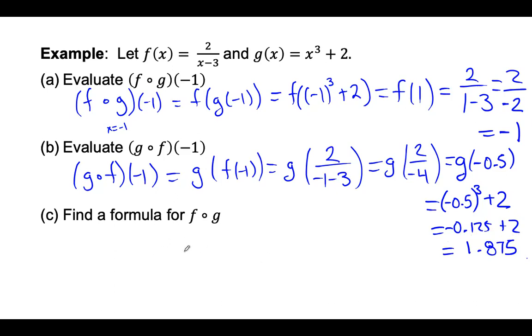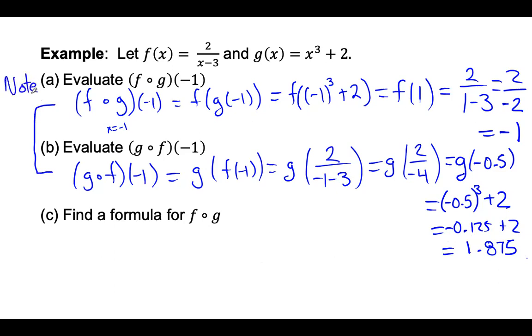So, okay, let's find a formula. Wait, actually, before we do that, what did we just notice here? Something interesting. So notice something. Let's stop. So make a little note.